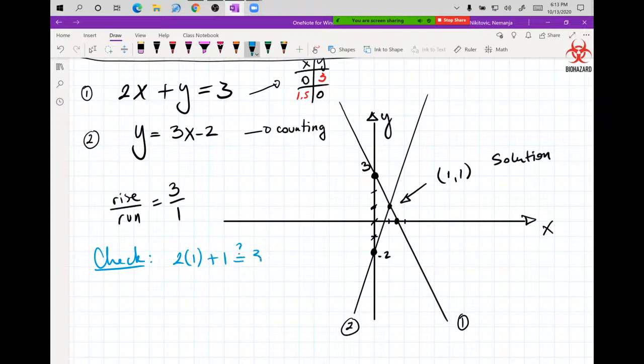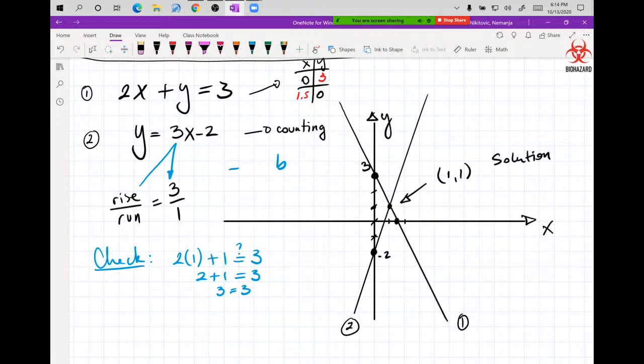Could you explain where you got the rise over run again with the 3x - 2? That's a slope. In the last class, we said y equals mx plus b is the form, and m is our slope.